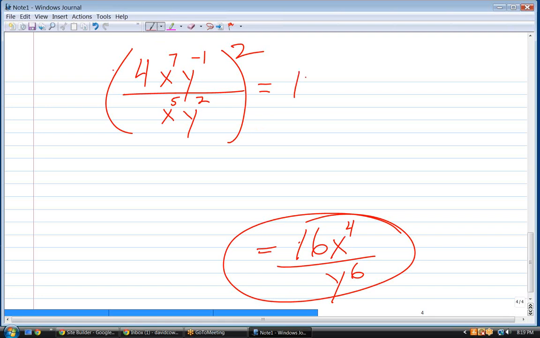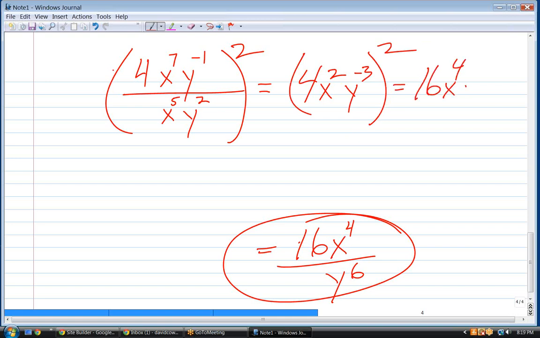So we've got 4, x to the 7th over x to the 5th is x squared. y to the -1 over y to the 2 is y to the -3. And then we're going to square this whole thing. Well, that's equal to 16x to the 4th, y to the -6th, which is the same thing as what we got before.